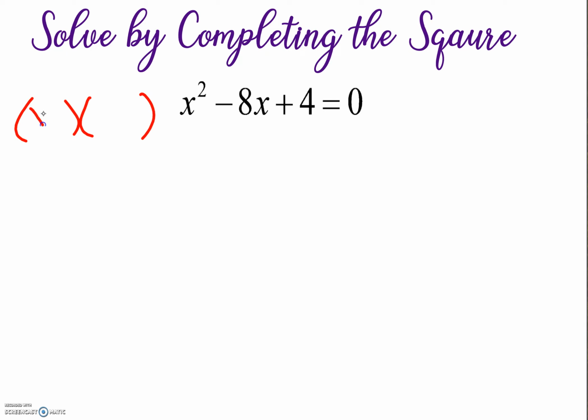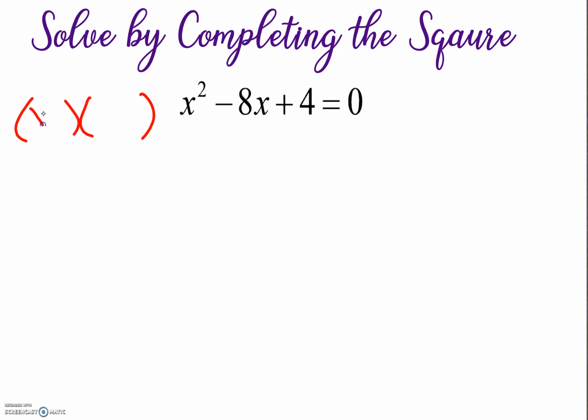From here, we want to solve for x, so we're going to take the square root of both sides. When we take the square root of a squared, they cancel out because they're inverses, and what we're left with is whatever's inside the parentheses. So x minus 4 equals plus or minus radical 12.